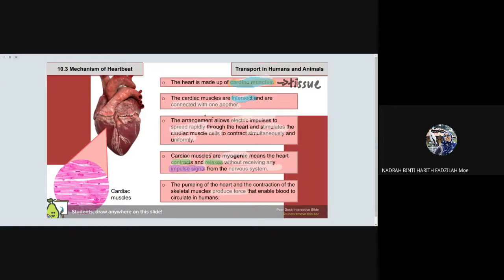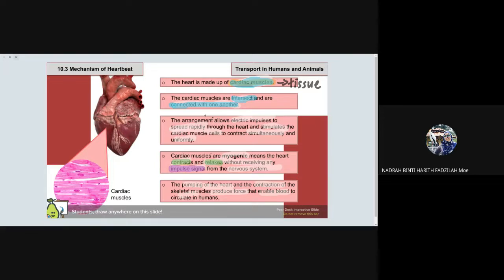For example, sebelum ni kita discuss pasal alveolus kan. So the name of the structure is alveoli. Characteristic dia ialah the wall of alveoli very thin. Macam mana very thin tu membantu exchange of gases? Enables atau facilitate faster exchange of gases kan. So sama juga dengan heart.